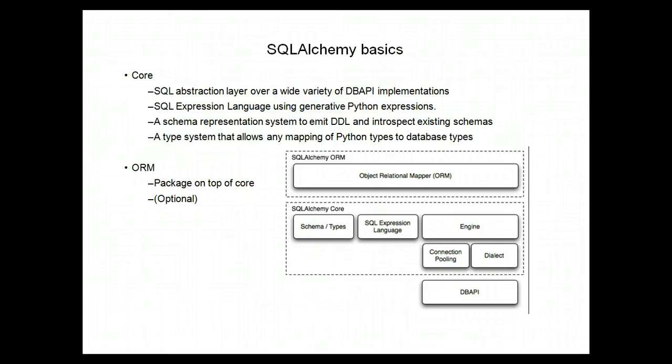So if you're using Postgres versus Oracle or MySQL, the dialect part takes care of that. And then it has its own SQL expression language. That's basically an abstraction on top of SQL that you can use to manipulate the data.